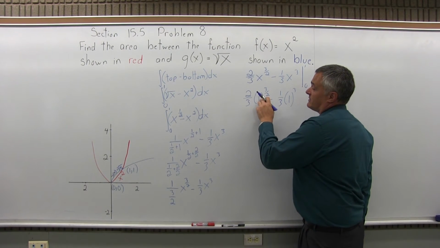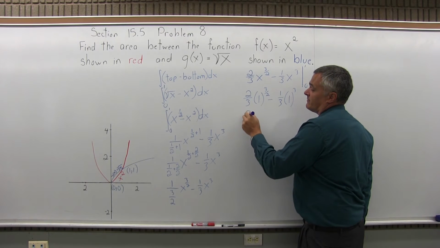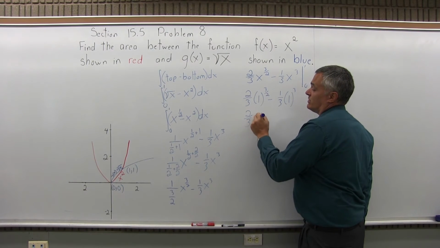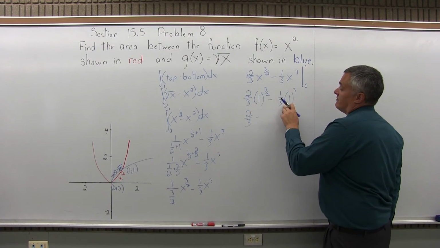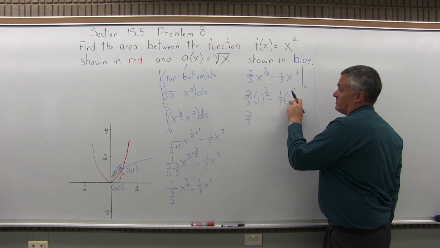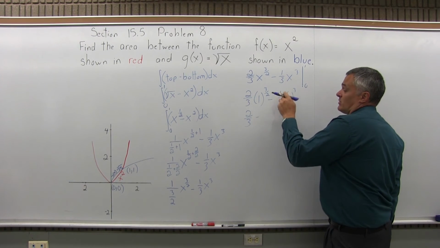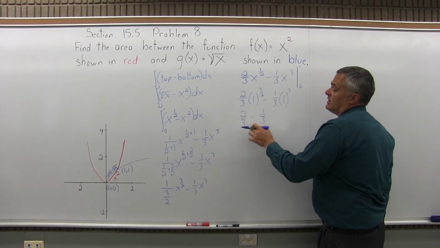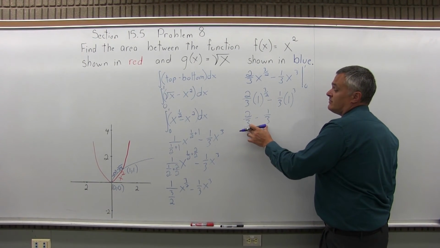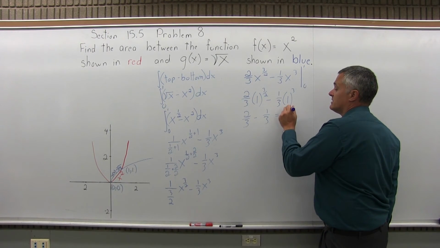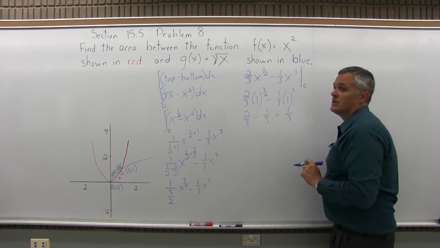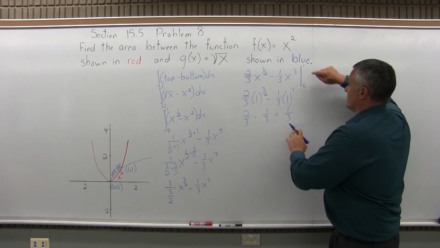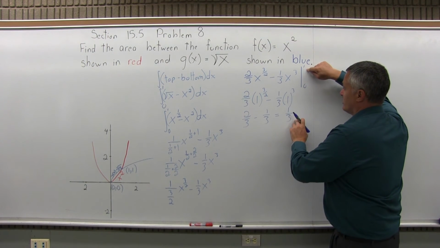So 1 to the 3/2 is 1 times the 2/3 in front is 2/3. Minus, then I have 1/3 times 1 cubed. The 1 cubed is 1. Then 1 times the 1/3 in front is 1/3. Don't forget it's a negative 1/3. So I have a common denominator. 2/3 minus 1/3 is 1/3. So that's the result of evaluating the upper limit of integration, 1/3.